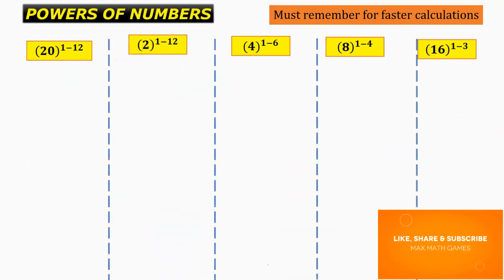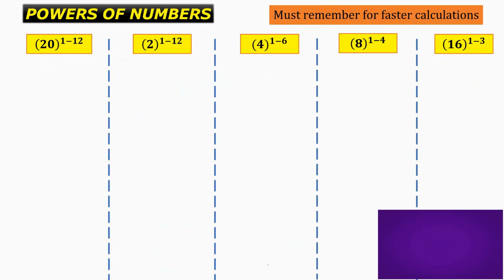So the first we have powers of 2, 4, 6, 12 and 20.